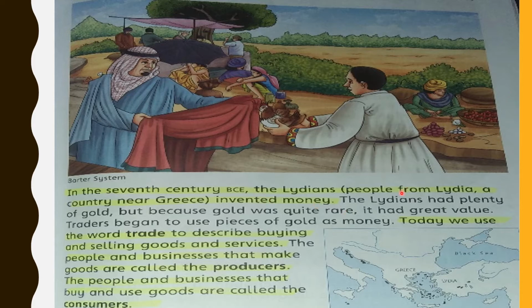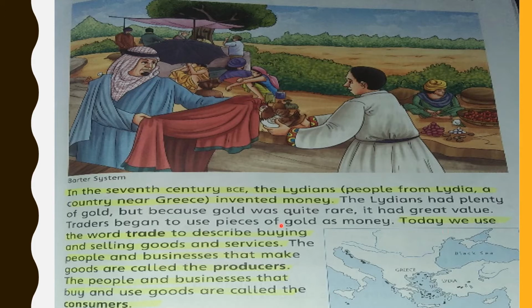The Lydians, the people from Lydia, that is a country near Greece, invented money. The Lydians had plenty of gold, but because gold was quite rare, it had great value. Traders began to use pieces of gold as money.